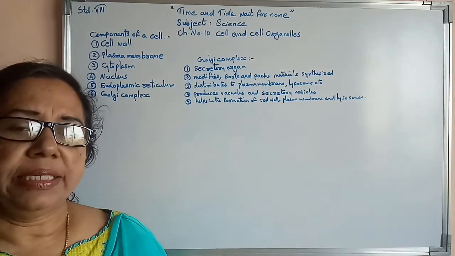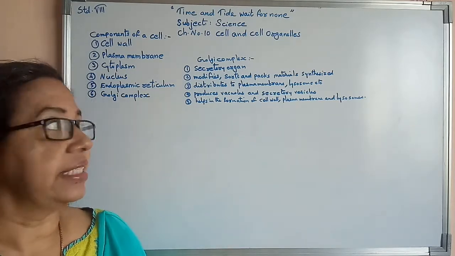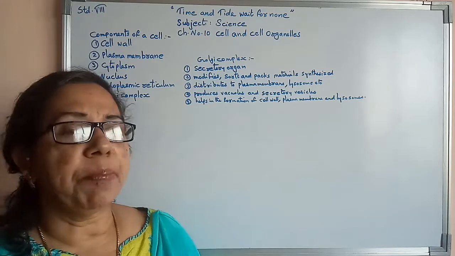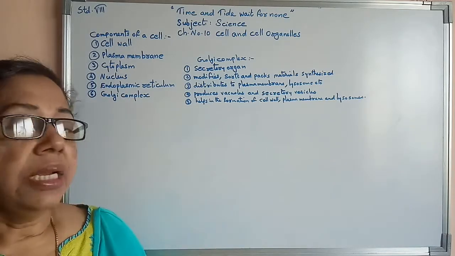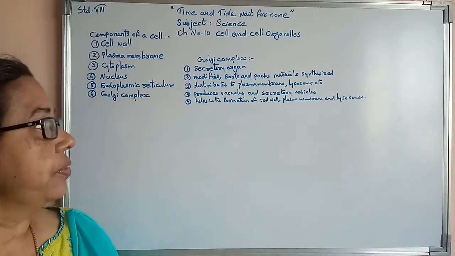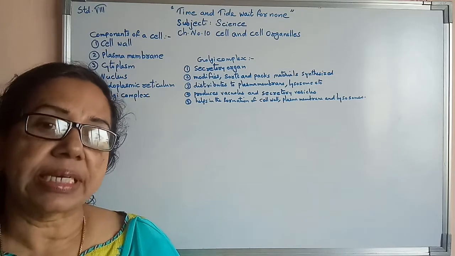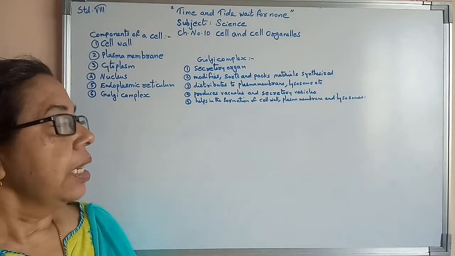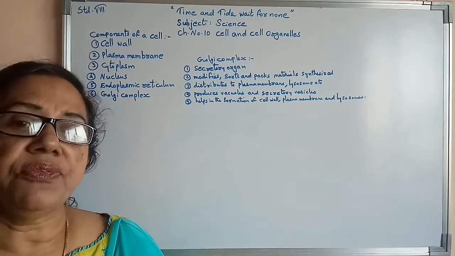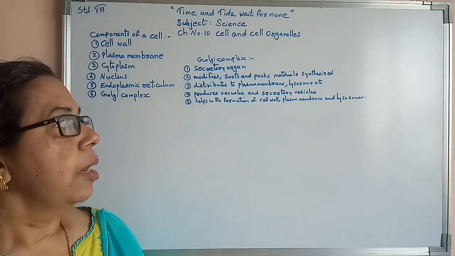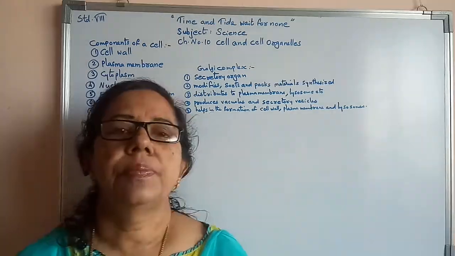It dispatches or distributes those synthesized materials to the plasma membrane, lysosomes, etc. Golgi complex produces vacuoles and secretory vesicles. It helps in the formation of cell wall, plasma membrane and lysosomes.